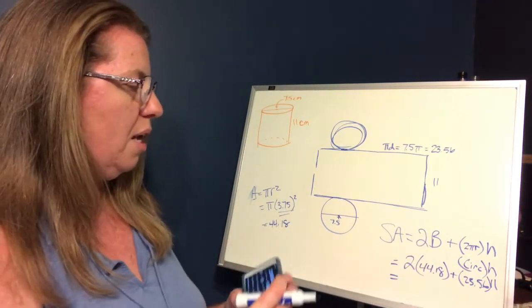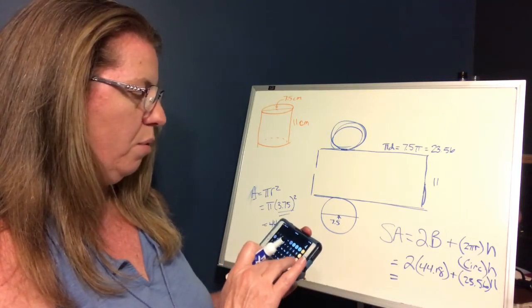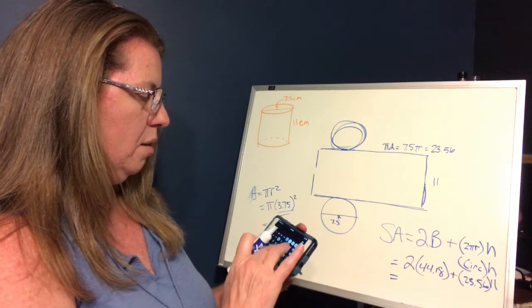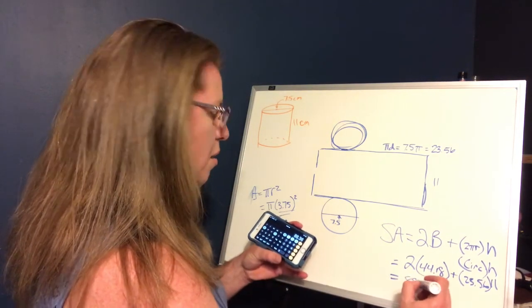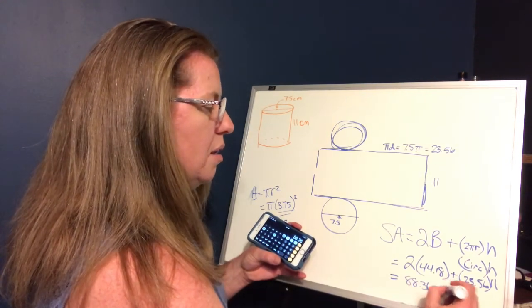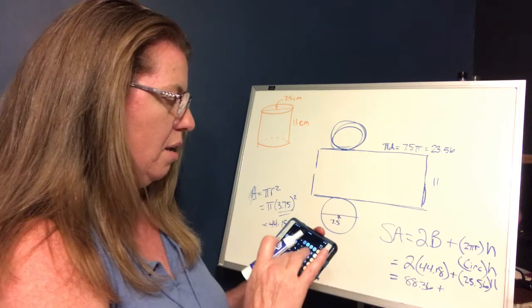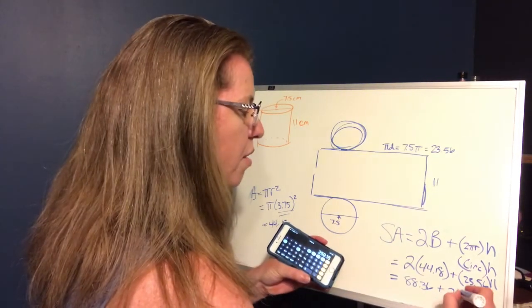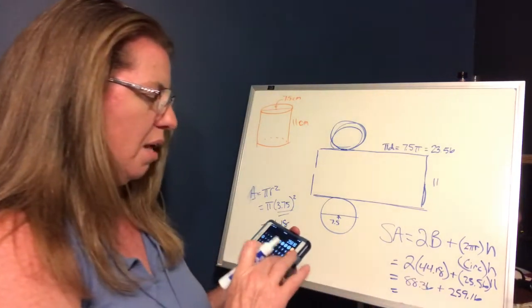Let's put that all together. 2 times 44.18 gives me 88.36. 23.56 times 11 is 259.16.